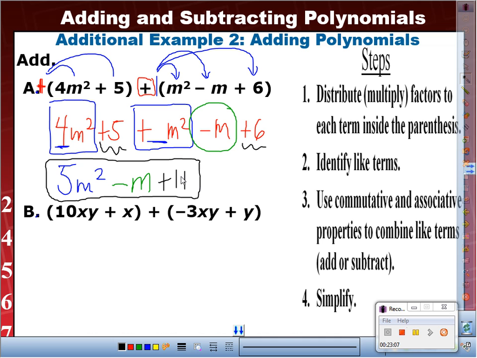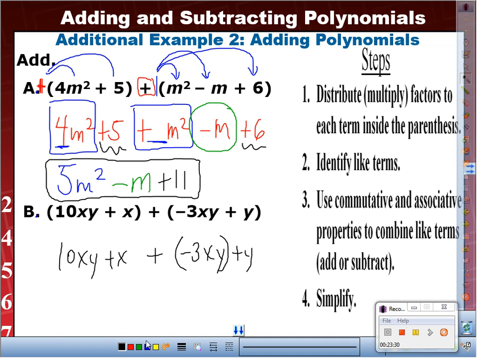Everybody with me? Okay. So let's do this one together. Here it goes. Is there a negative in front of this parentheses? No, so I just write 10xy plus x. Is there a negative here? No, so I just write plus negative 3xy plus y. Whenever you end up with a plus and a minus like this, make sure you put this negative in parentheses.